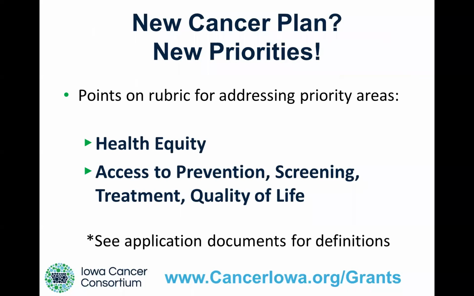And along with our new cancer plan comes new priorities. So our priority areas this year for our grant applications are health equity and access to prevention, screening, treatment, and quality of life. So we do have definitions for what we mean by health equity, access, health disparities, and those are on our application documents as well as the rubric, and points will be assigned on the rubric to addressing health equity and access.